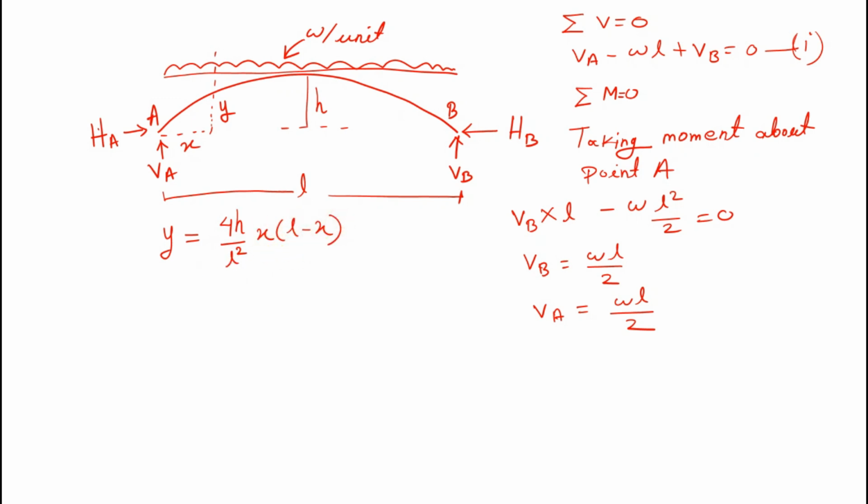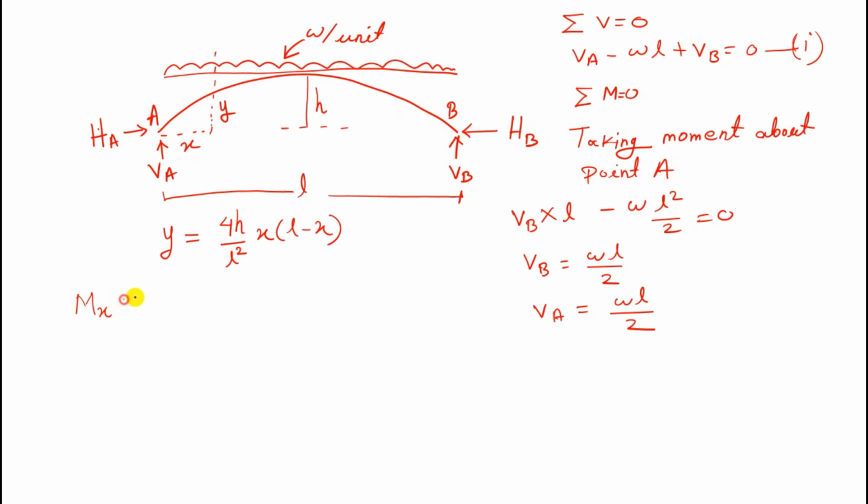So you have to apply this formula for the parabolic arch only. Now you have to calculate the moment at this point to calculate the horizontal thrust.